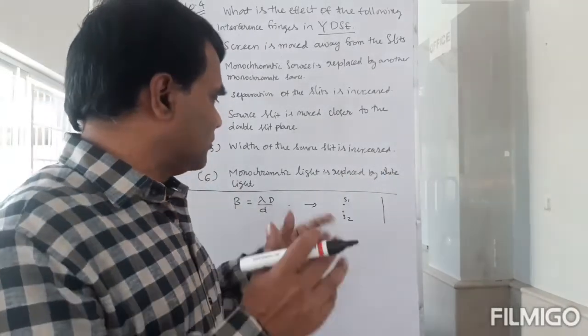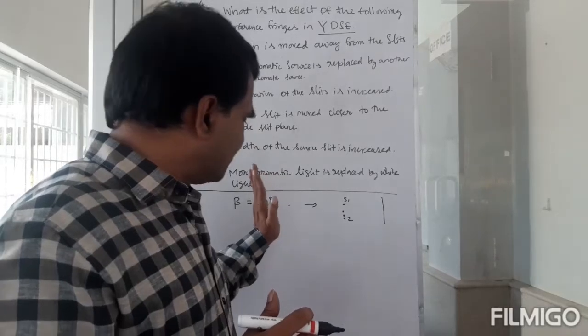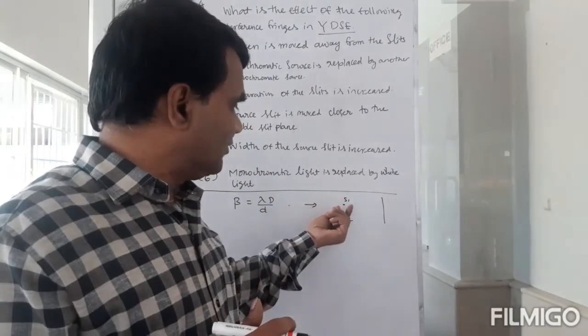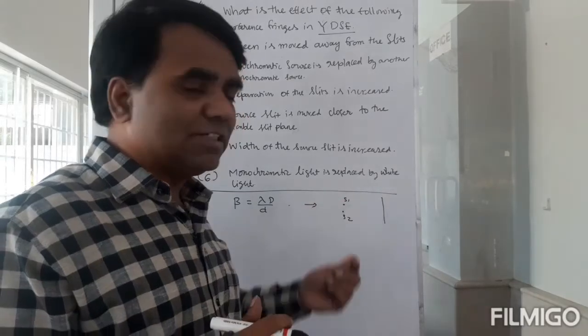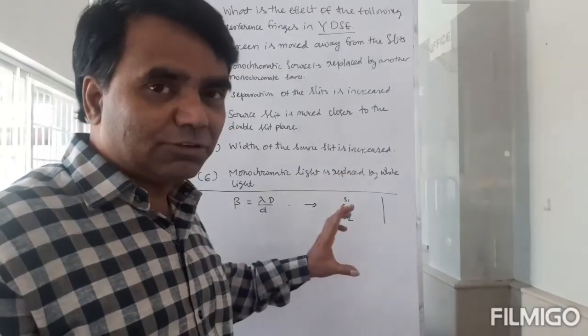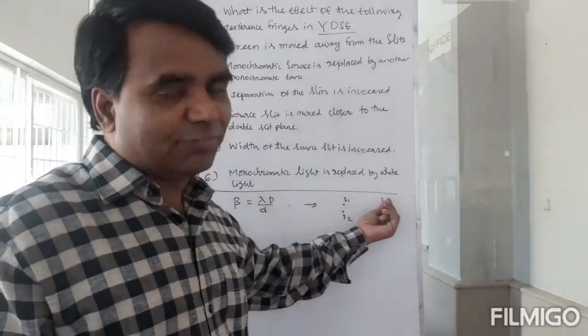Let me put it this way. If you bring the source closer, then it is very difficult to keep S1 and S2 as coherent sources. If S1 and S2 are not coherent sources, then you won't get an interference pattern.